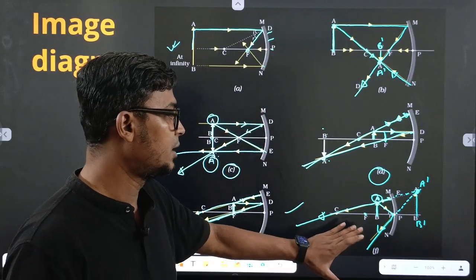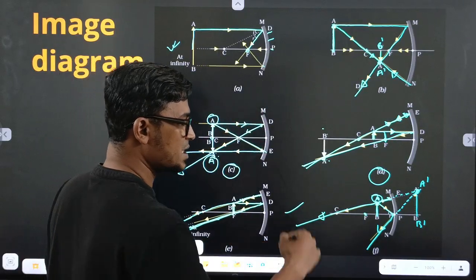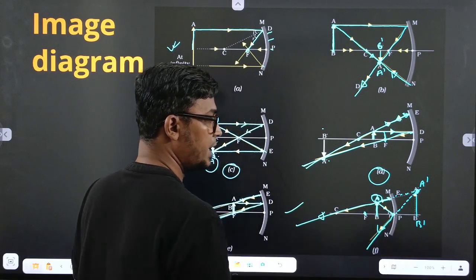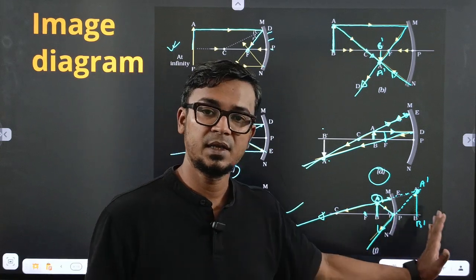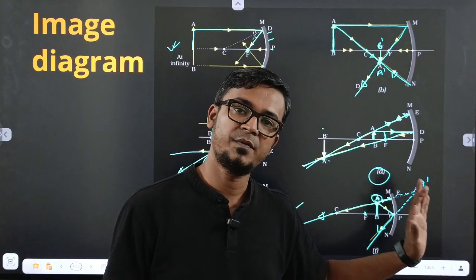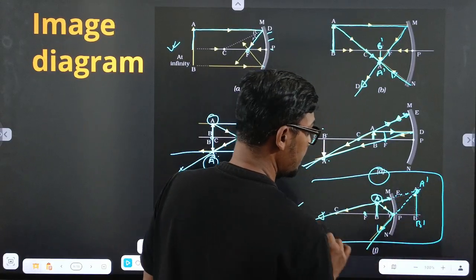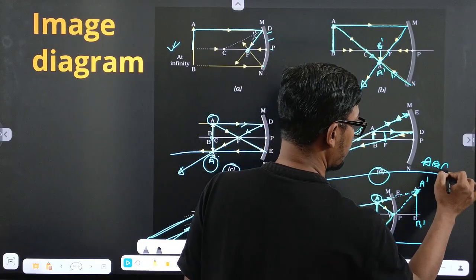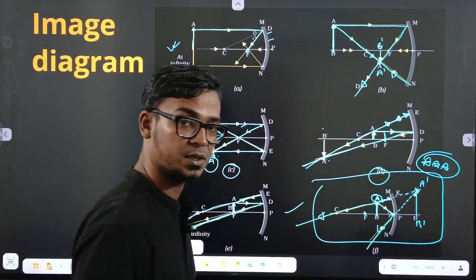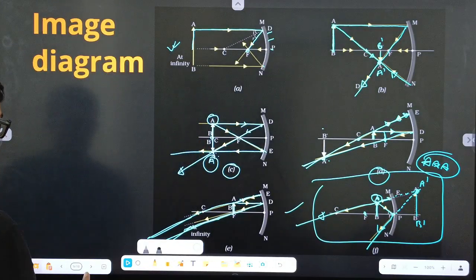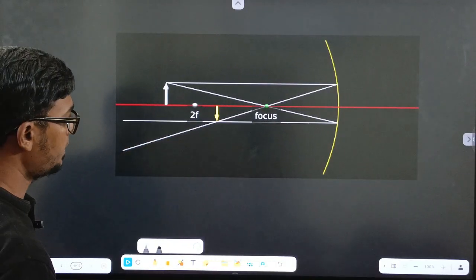Finally, when the object is placed between focal point and pole, the image forms behind the mirror, and it is definitely a virtual image. This topic is very important for any kind of examination. Please note it. Now we will see an animation.